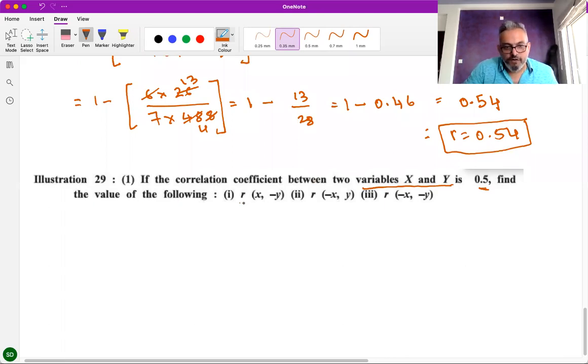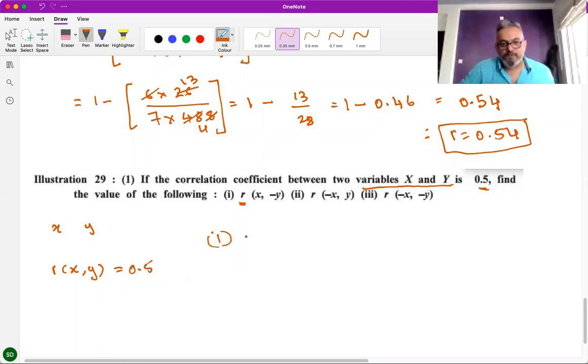First is r between x and minus y, r between minus x and y, and r between minus x and minus y. So how do we solve this? For example, you are given x and you are given y, and you find the correlation between x and y, which you get as 0.5.